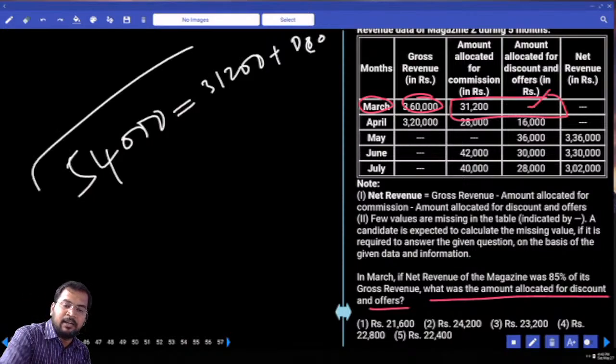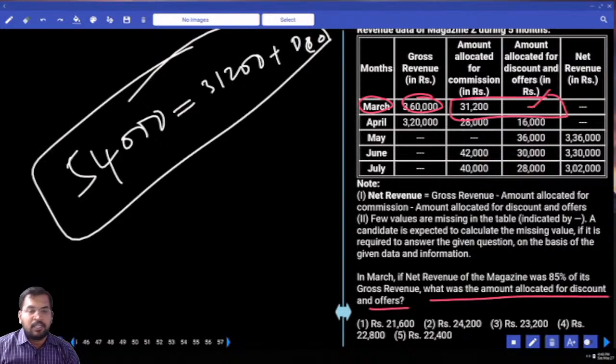Difference: if you subtract 31,000 from 54,000, or 200 from 1,000, you get 800. The answer ends with 800.